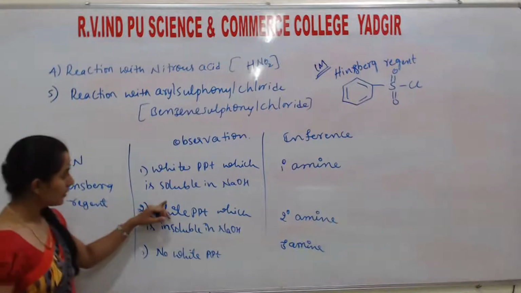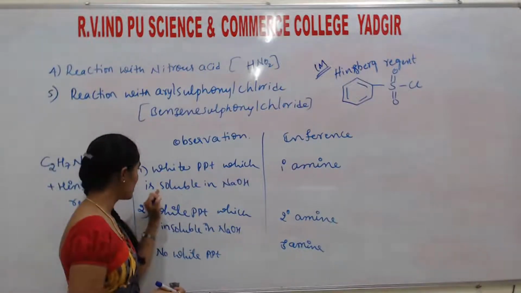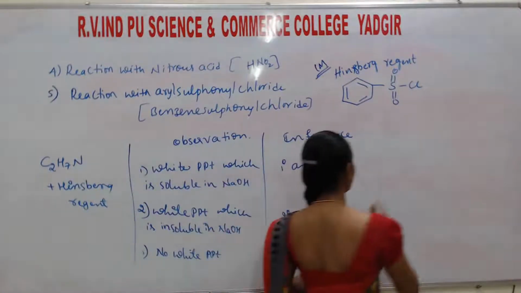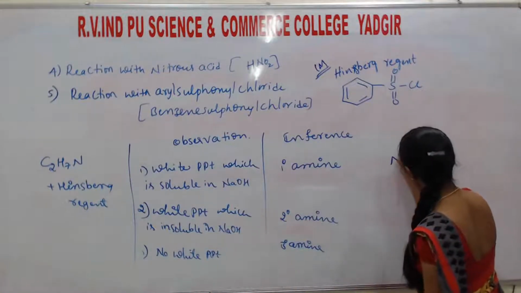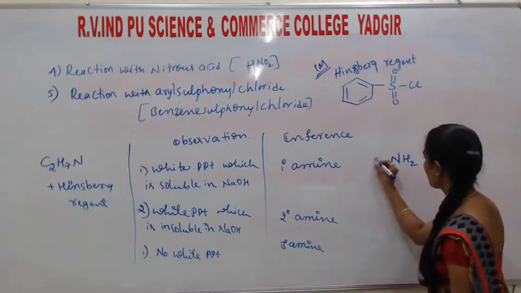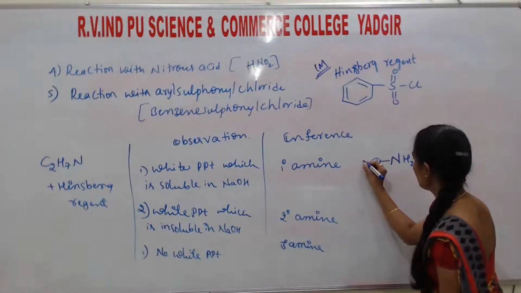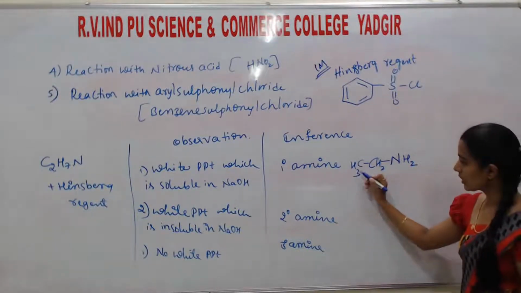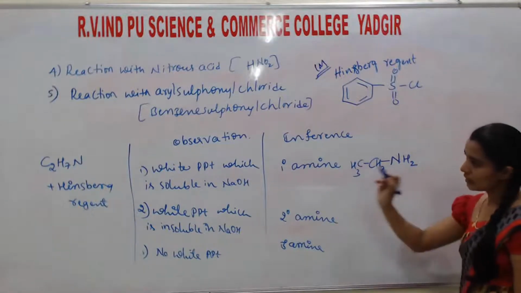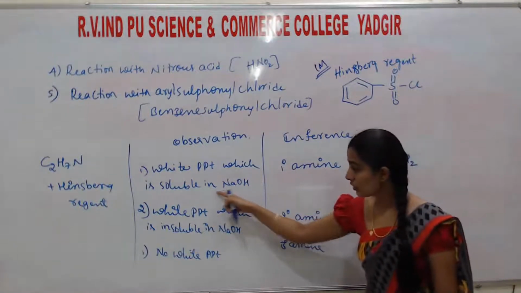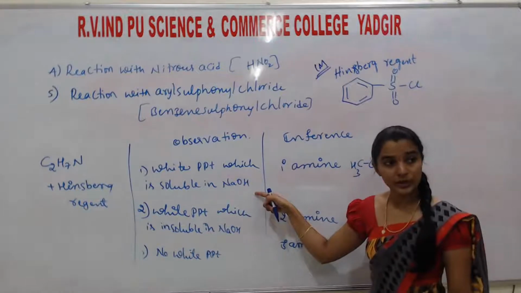So if it gives white precipitate which is soluble in NaOH, that means primary amine. Primary amine means to the nitrogen, one carbon is attached, that is CH2, CH3. You count, 2 carbon atoms are there, 3 plus 2 plus 2, 7 hydrogen atoms are there. When it is white precipitate which is soluble in NaOH.